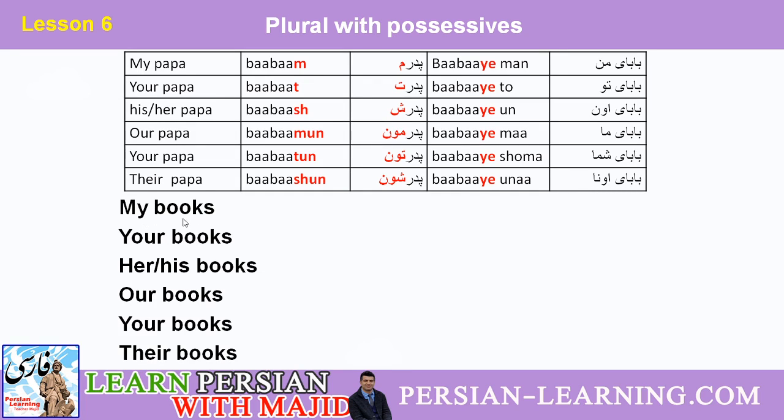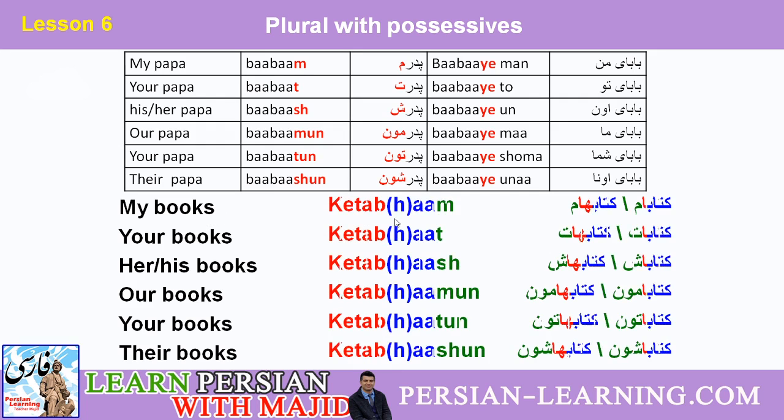Here we have my book. Book is kitab. Then we have kitab ha. Then we have kitabam. Kitab ham or kitabam. And as you see, we can go on with kitabat, kitabash, kitabamun, kitabatun, and kitabashun.